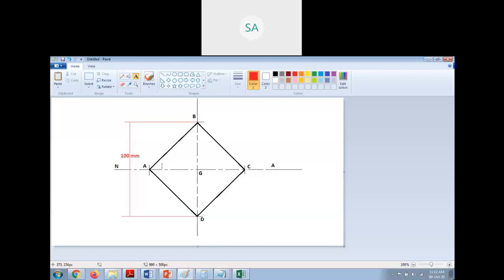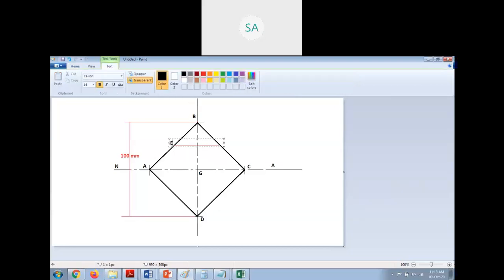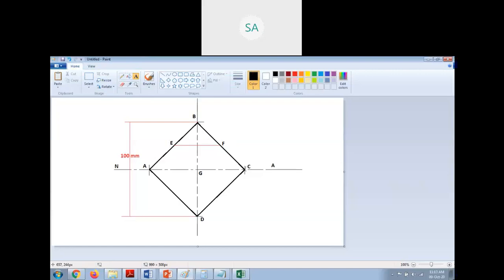Now I'll make a construction in this. I will draw a line parallel to AC, and I'll call its ends E and F. This is a similar construction to what we did yesterday for the triangle.